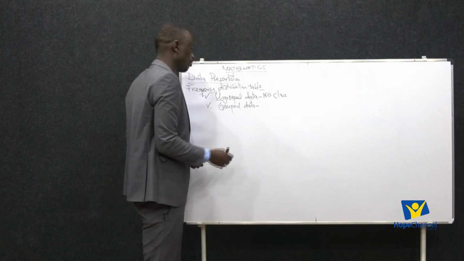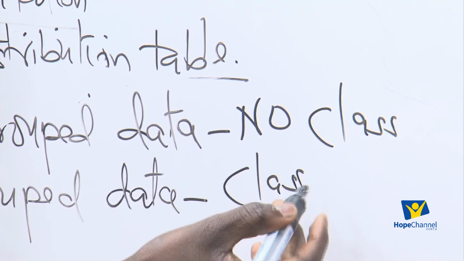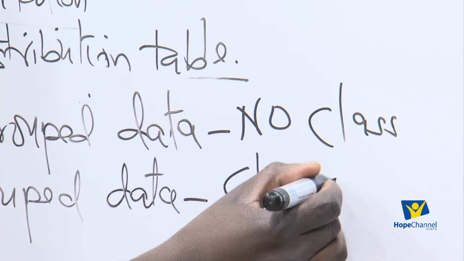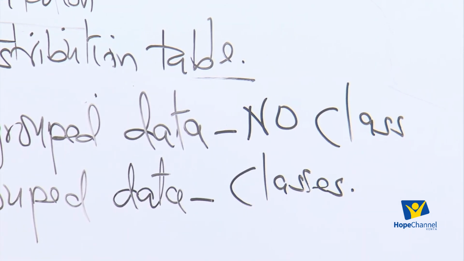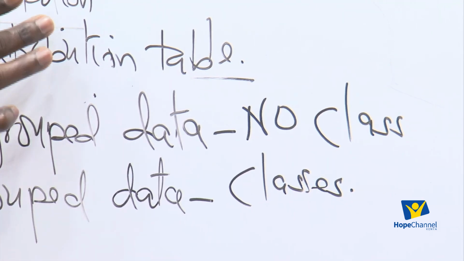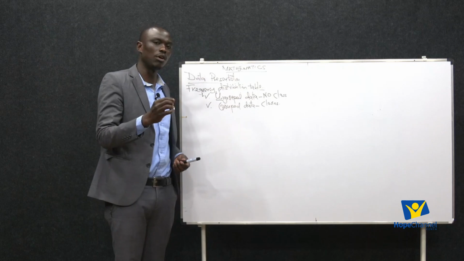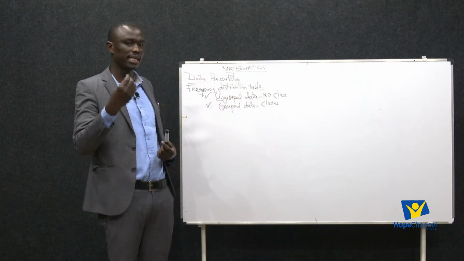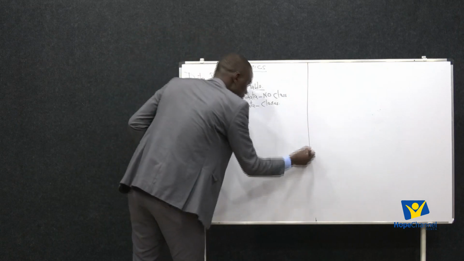But with grouped data, there are classes, so the data is organized, or classified, into different classes. If we are presenting a frequency distribution of ungrouped data, it is always very easy because we look at the data itself. Let's look at an example.